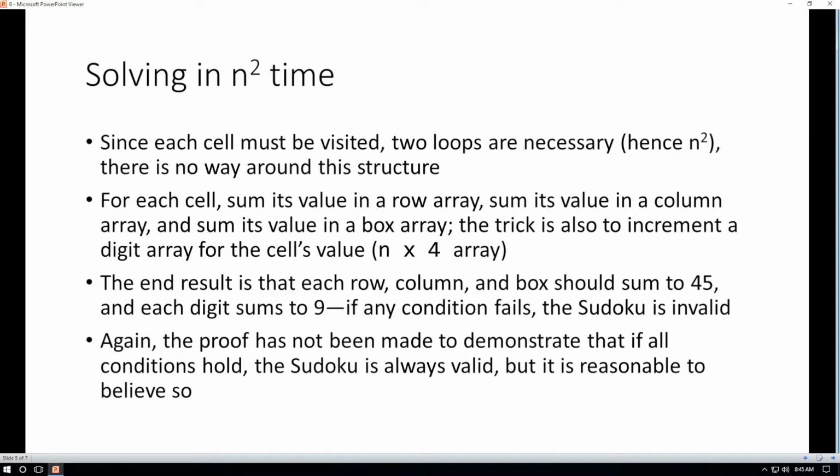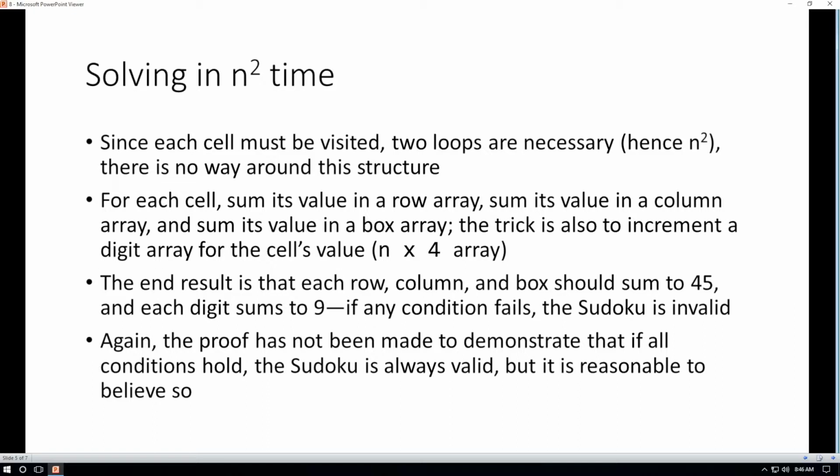What we do for each cell is we sum its value in a new array that I'm calling the row array. In a row, we should have the values 1 through 9. So each time we visit a cell, we just take its value and sum it to the row array, so that in the end, that row should have a value of 45.